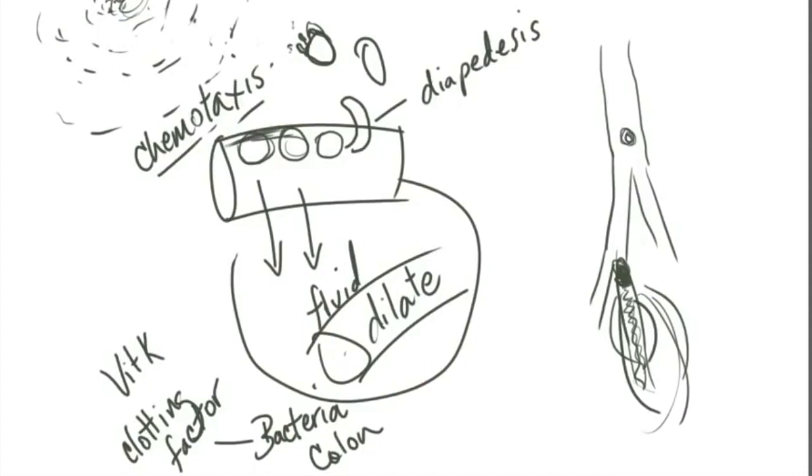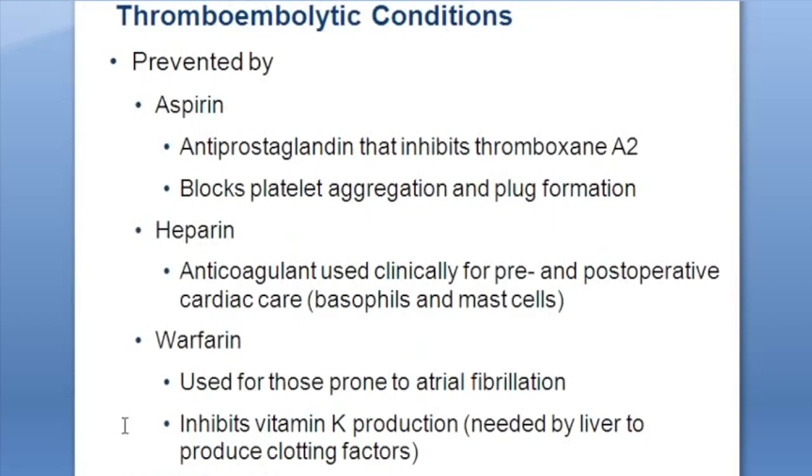One reason that antibiotics aren't always so good for you is they wipe out your normal flora, which makes a clotting factor right here, vitamin K. Coumadin or warfarin inhibits that clotting factor, so it helps to keep the blood thin. When they say a blood thinner, they mean blood that won't clot.